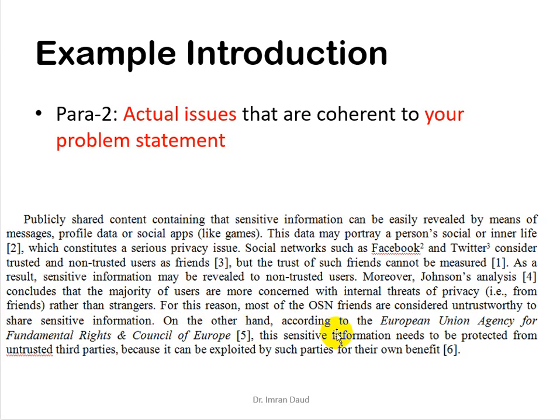On the other hand, according to the European Union Agency for Fundamental Rights and the Council of Europe, this is some body, and if a reader wants to know about it, you have given an appropriate citation, he can go and read more about that authority, what it is, and what it claims.